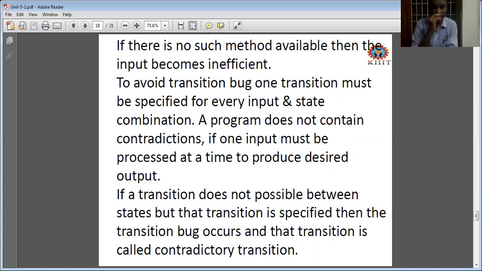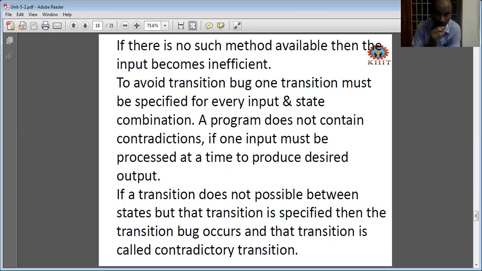To avoid transition bugs, one transition must be specified for every input and state combination. A program does not contain contradictions if one input must be processed at a time to produce the desired output.